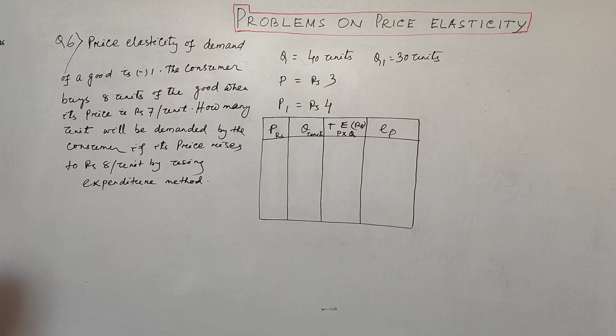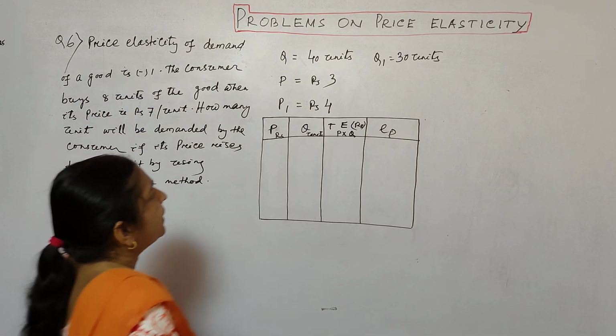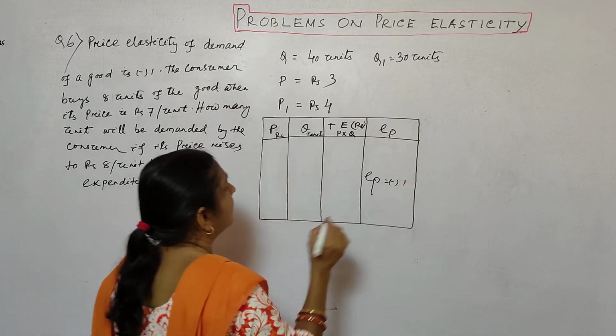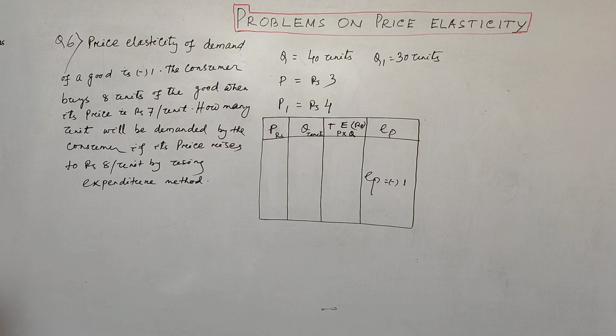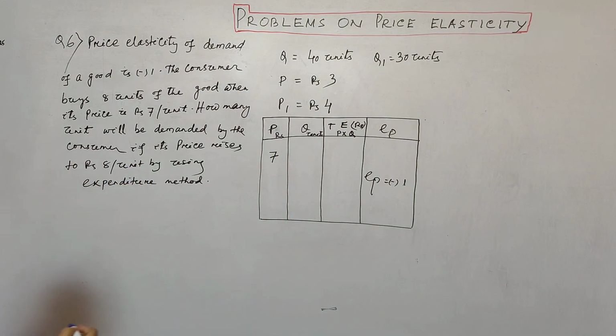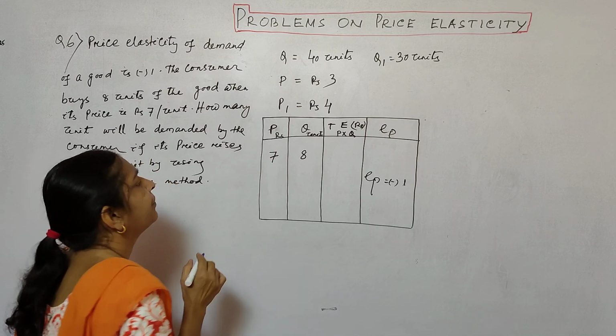Now, what information have they given to us? First, they have given the value of EP. They have given EP is 1. The consumer buys 8 units of the good when its price is rupees 7. Initial price is rupees 7. At this initial price of rupees 7, the consumer buys 8 units of a good.